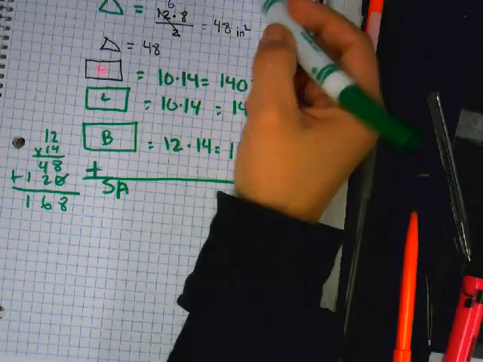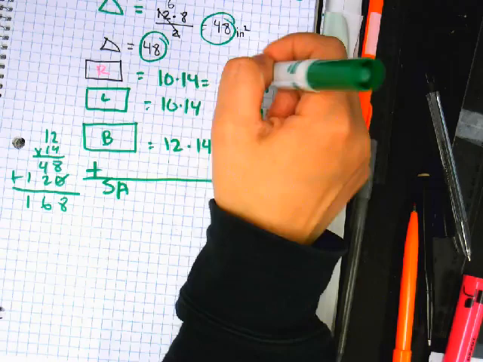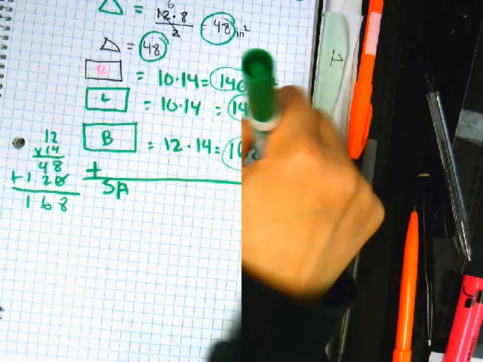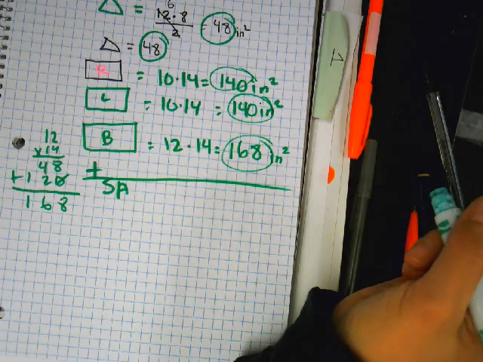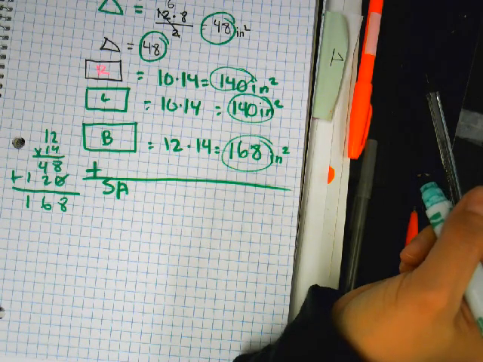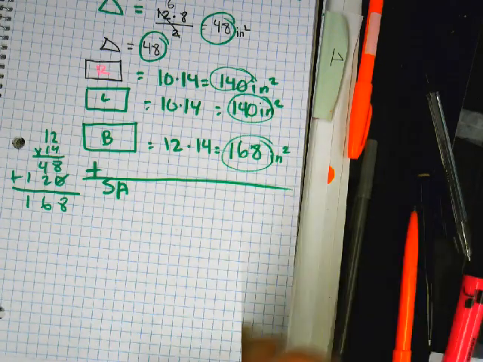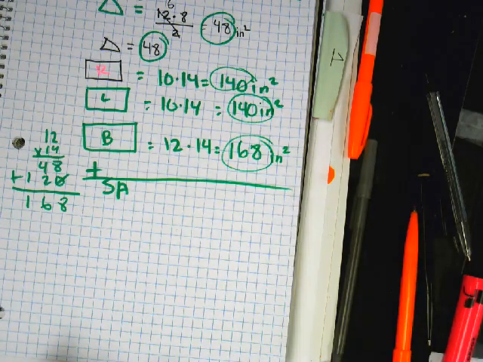Anyways, what's 48 plus 48 plus 140, 140, 168? What is it? 544. Did most of you get 544? What did you get? I got 444, so you're off by 100. What did you get, Kevin? 288.